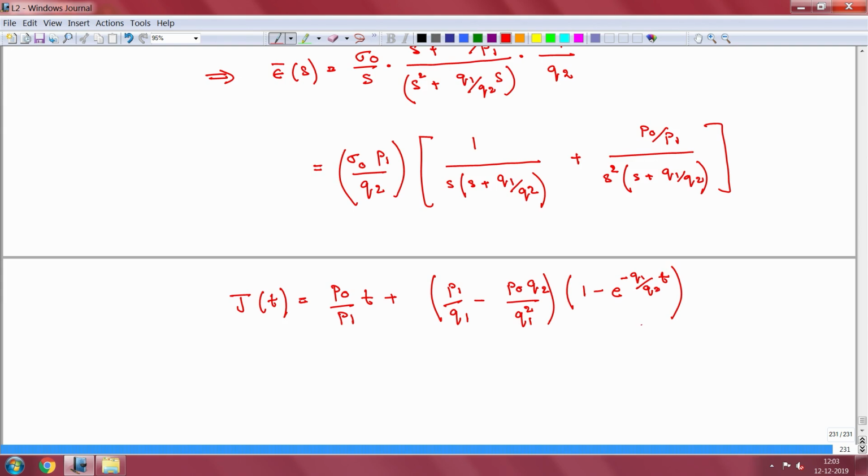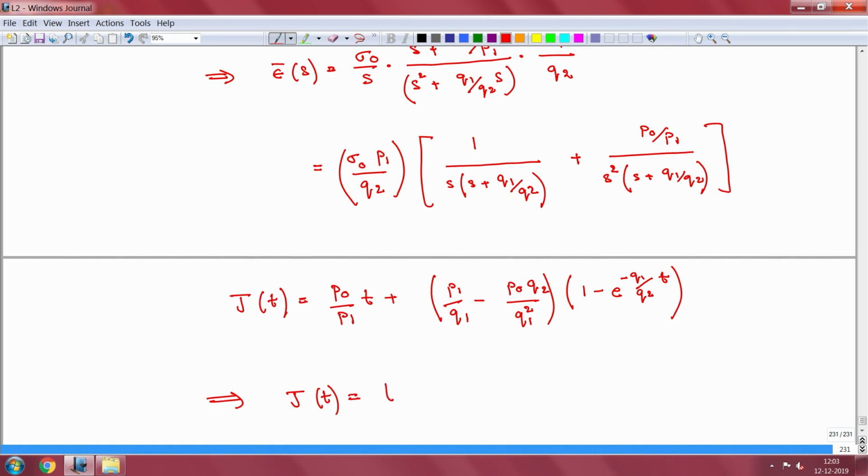So, this is the algebraic form. Okay. If this is maybe a little bit difficult to read, I will just write it again. This is Q2.